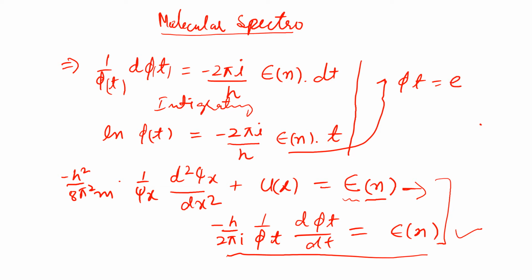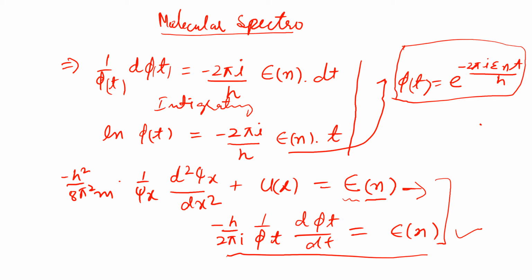Taking the antilog of this equation, we get phi t equal to e to the power minus 2 pi iota E n t divided by h. So it comes out to be an equation.